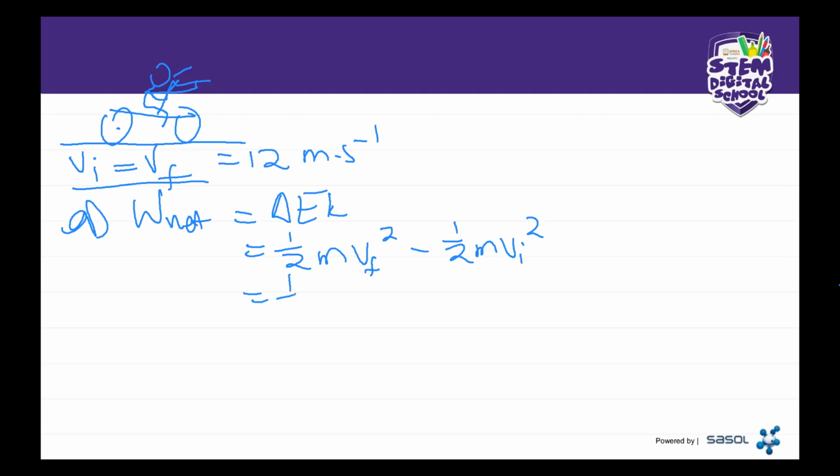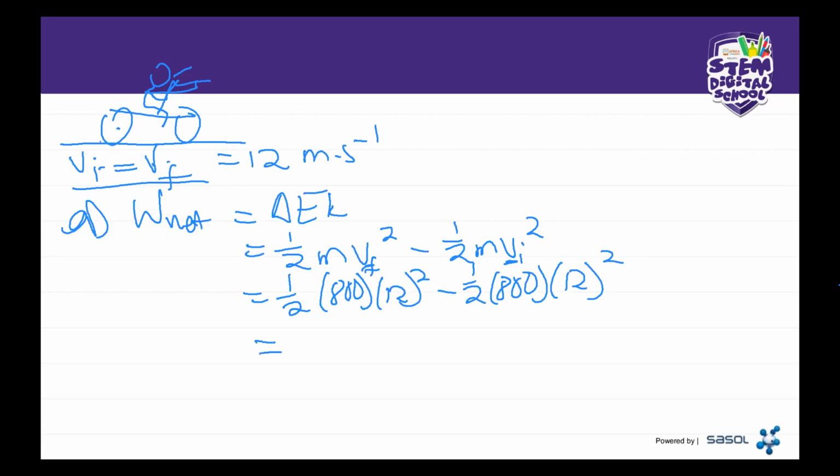This is going to be equal to half times 800 times 12 squared minus half times 800 times 12 squared. Why? Do you see here? They are both the same because they are both equal at constant velocity. And this is going to give us an answer of 0 because everything's the same and it's got a negative, right? So this is going to be our 0 joules. So no work will be done at constant velocity.